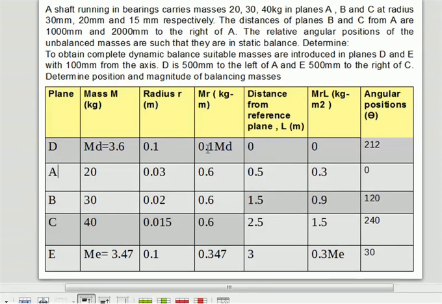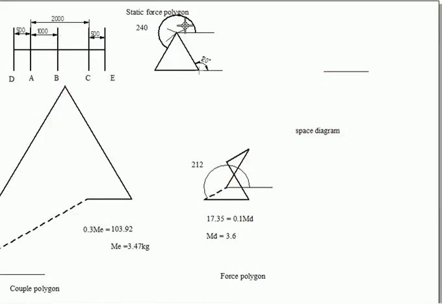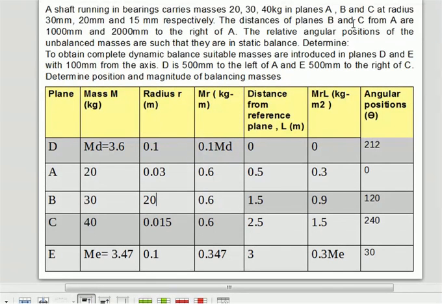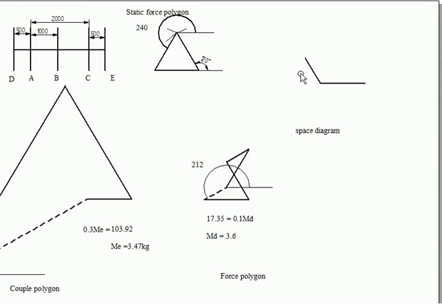Second mass, its radius is 0.02, inclined at 120 degree.